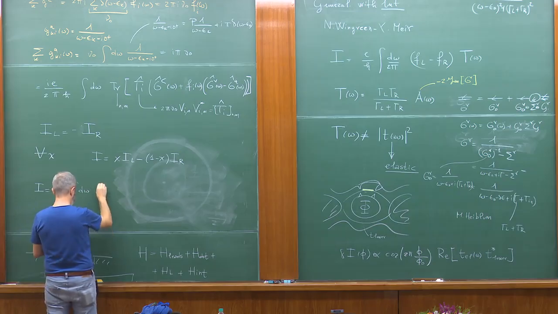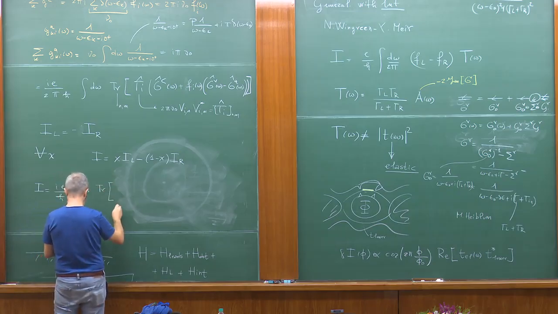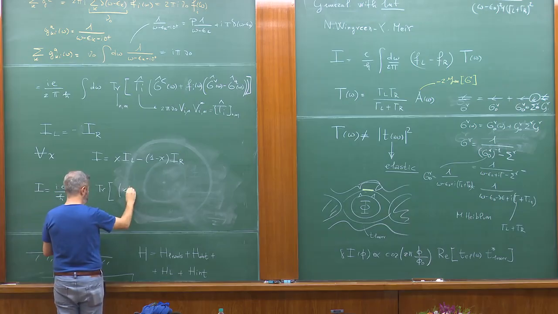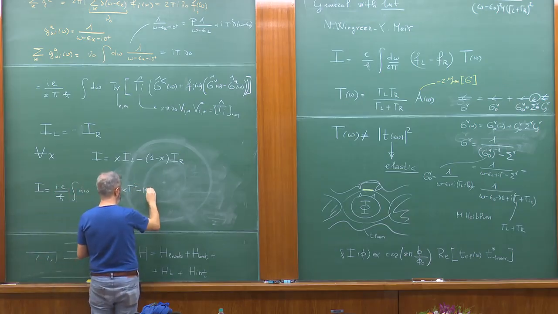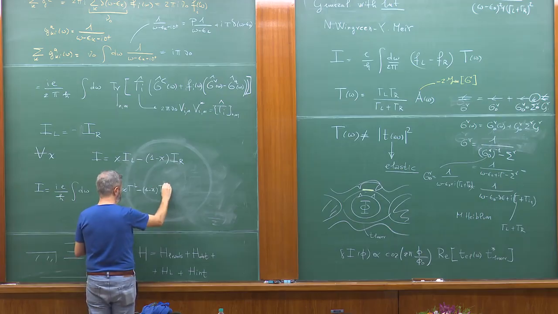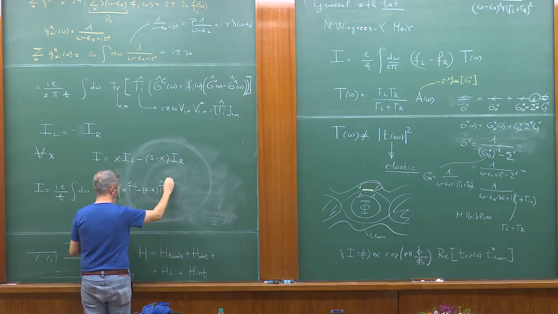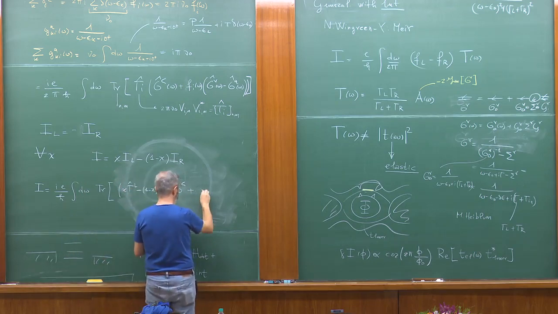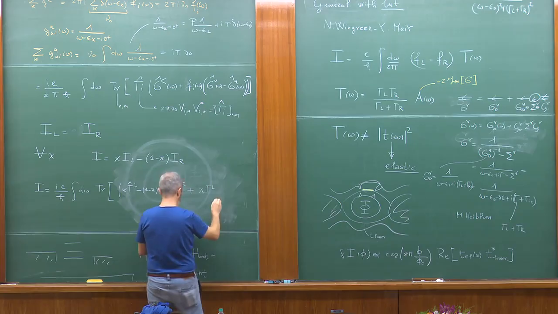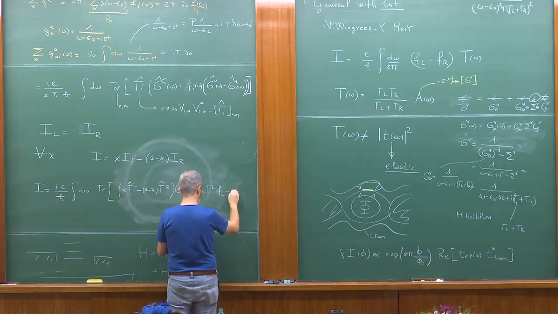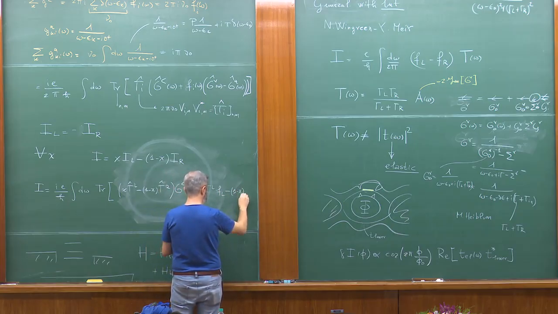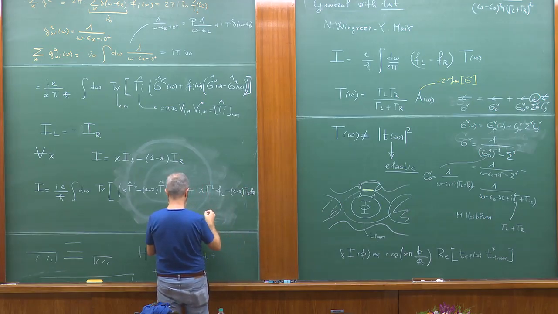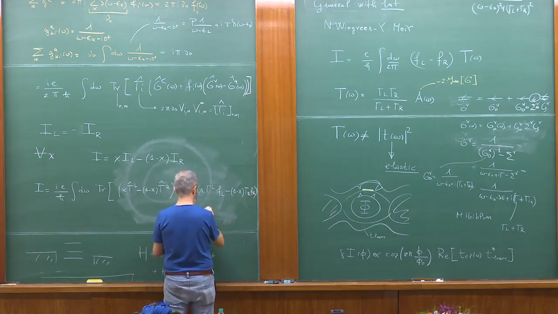And then I'll have trace of x gamma left minus 1 minus x gamma right times G lesser, plus x gamma left f left minus 1 minus x gamma right f right times G retarded minus G advanced.